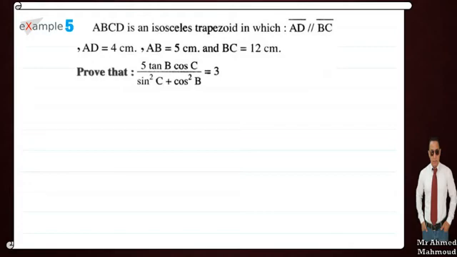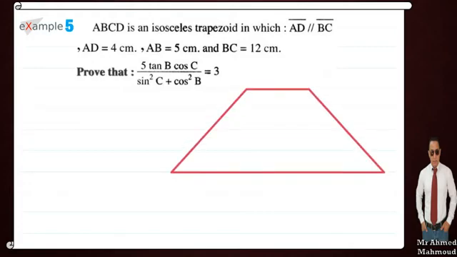First I need to draw the isosceles trapezium. It will be like this. In the isosceles trapezium, the two legs are equal to each other, and this base is parallel to this base.